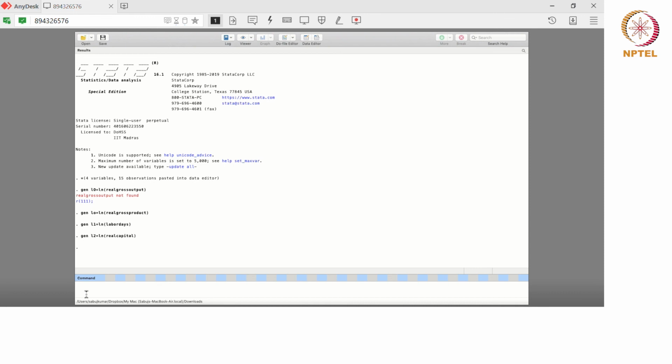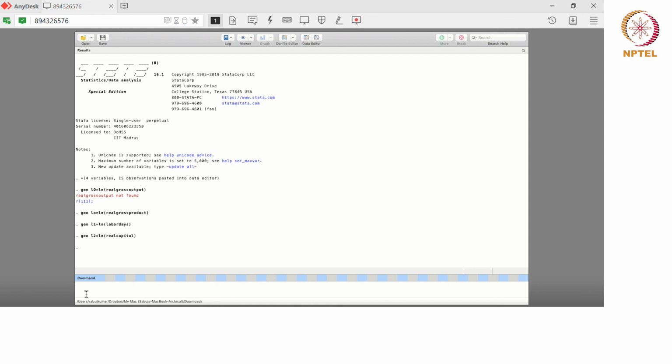My dependent variable, which was real gross product, is now converted into log form and defined as L0. Labor, measured by labor days, is also converted into log and defined as L1, and the capital variable is converted into log of capital and defined as L2.